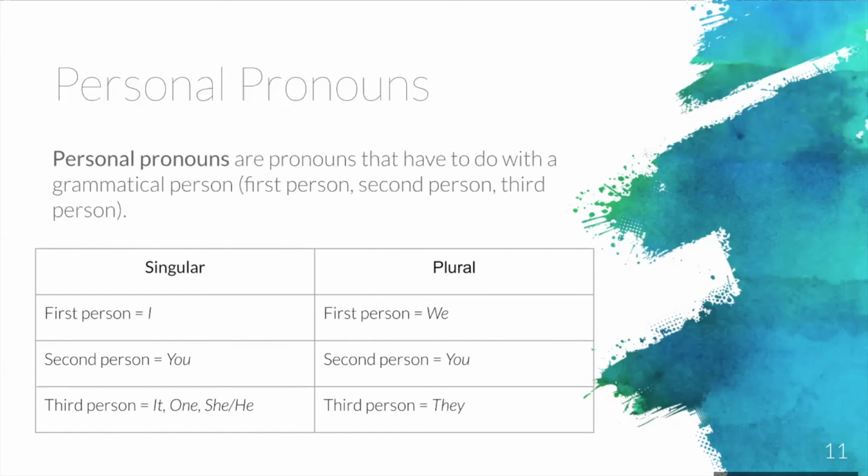And third person is when you're talking about people that you are not talking to, with examples like it or they, if you're referring to a group that you are not a part of and not talking to.